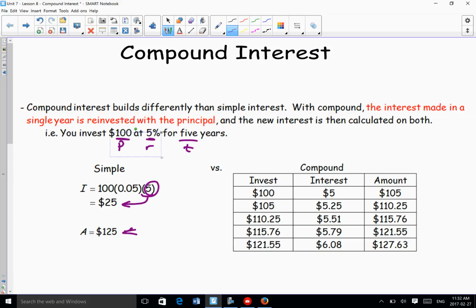So after 1 year, we still use that equation I equals PRT. So 1 year, $100, 5%, so 100 times 0.05 times 1 will give us our $5, which means we now have a total of 100 plus 5, which is 105. So when we start the next year, we're now starting at 105.